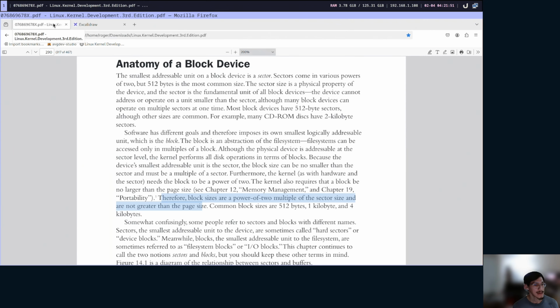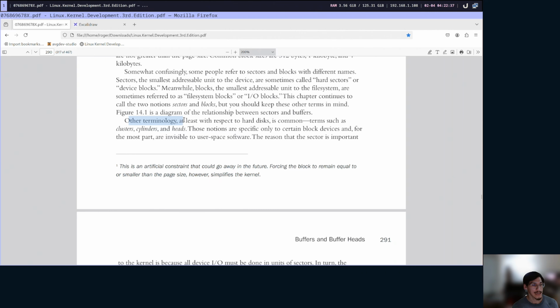Figure 14.1 is a diagram of the relationship between sectors and buffers. Other terminology, at least with respect to hard disks, is common, such as clusters, cylinders, and heads. Those notions are specific only to certain block devices and for the most part are invisible to user space software.